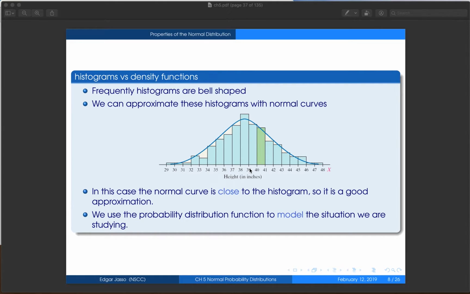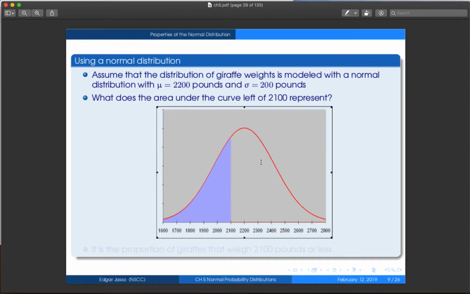We talked a little bit about that when we discussed this giraffe problem. The area to the left of 2100 in this example was the proportion of giraffes that weigh 2100 pounds or less. Another way to think about it is: if you select a giraffe at random, what's the probability that its weight is less than 2100?